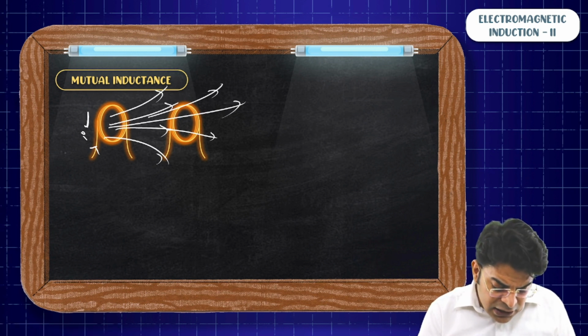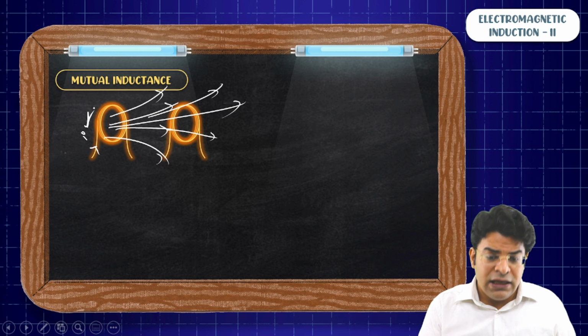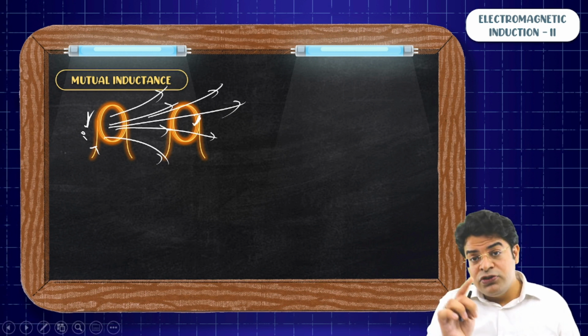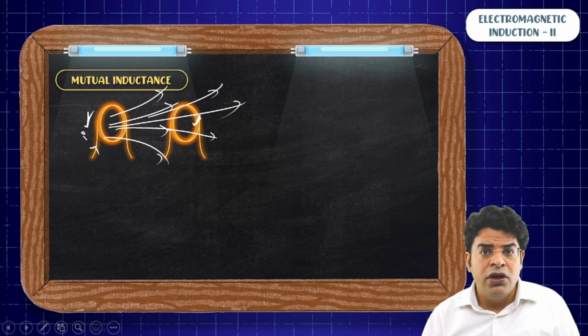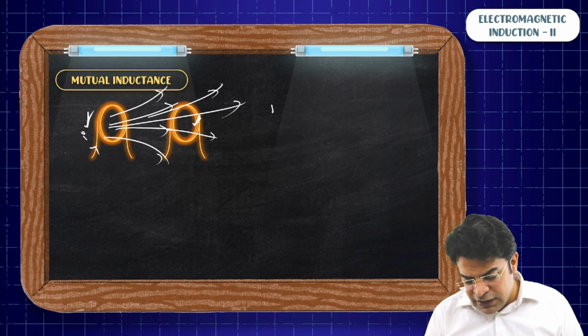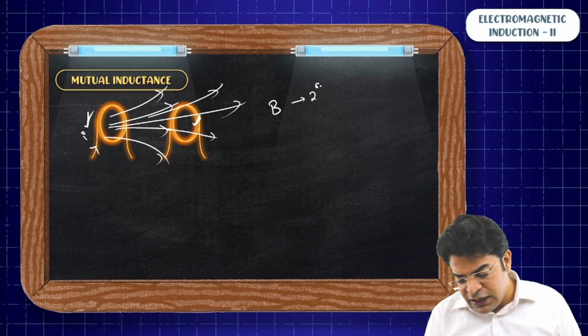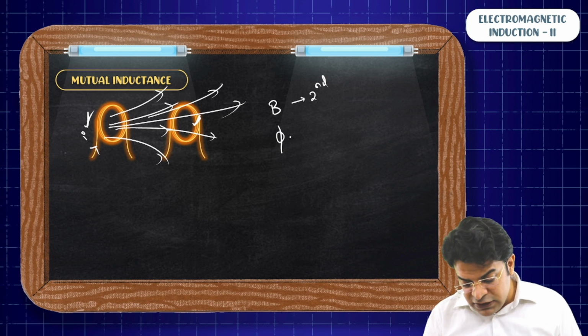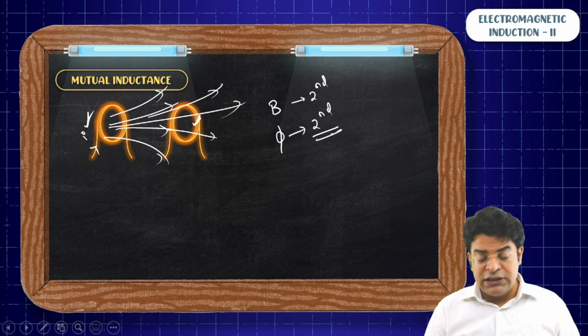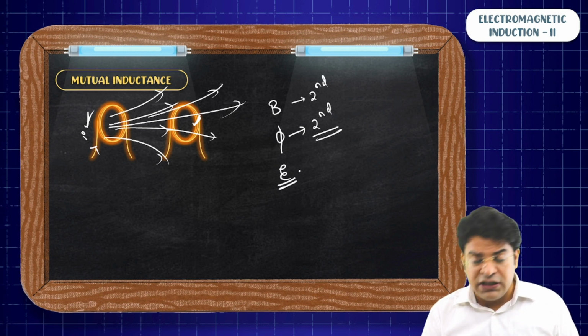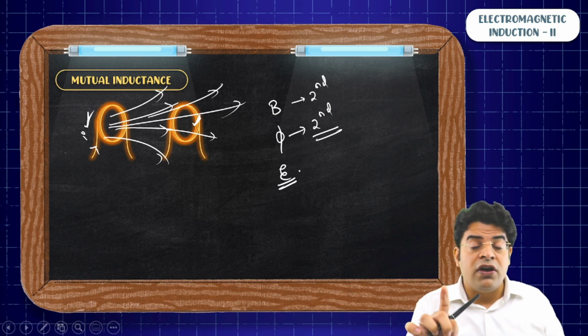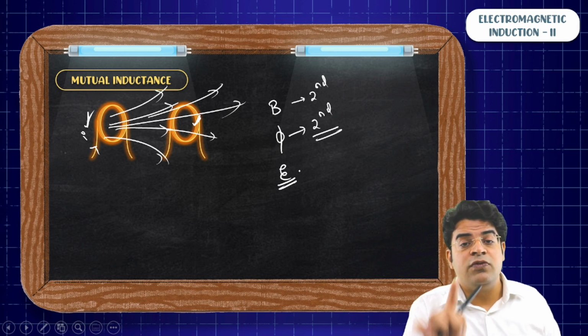When the current in the first coil changes, the magnetic field at the position of the second coil changes. Due to the change in the magnetic field strength at the position of the second coil, the flux linked with the second coil changes, and when the flux linked with the second coil changes, an EMF is induced in the second coil which tries to oppose the change in this flux.